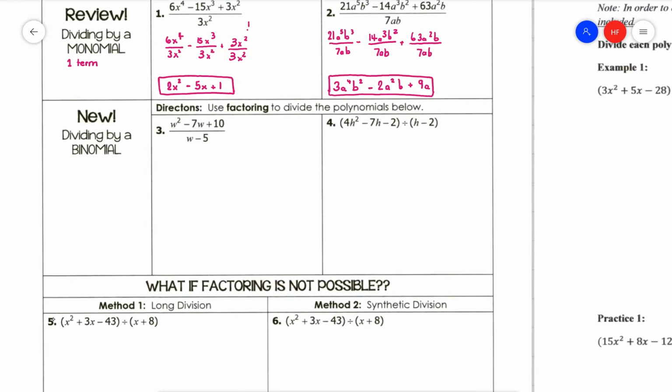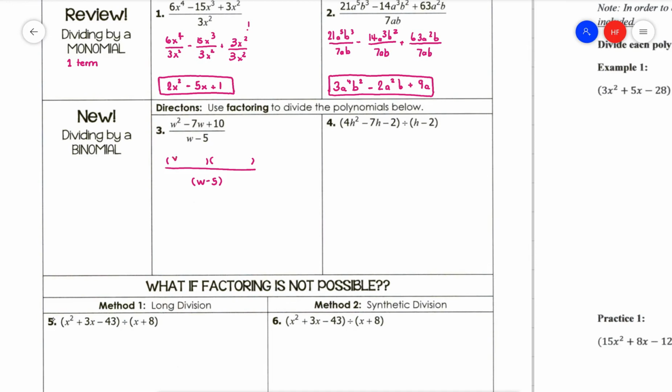And then we saw on Friday how to use factoring to divide by a binomial. So in order to divide by a binomial that can factor out, let me just go ahead and write it as factors on the top, divided by w minus 5. So w squared minus 7w plus 10. I need two numbers that will multiply to 10 but add to negative 7.